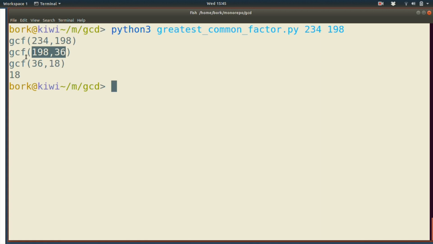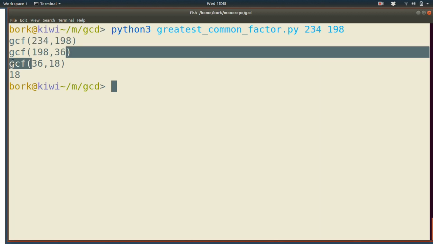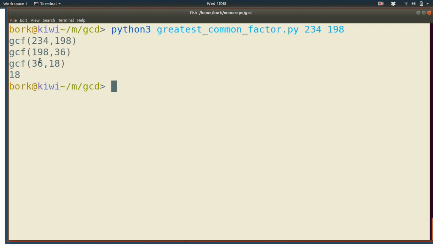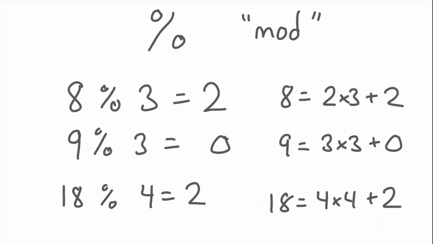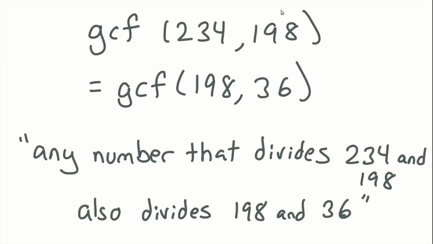So let's do a really concrete example and talk about why the first step is valid. The reason this first step is valid is the same as the reason the next step is valid, and it's also the same as the reason that this algorithm works in general. So we're trying to show that the greatest common factor of these two numbers is the same as the greatest common factor of these two numbers.